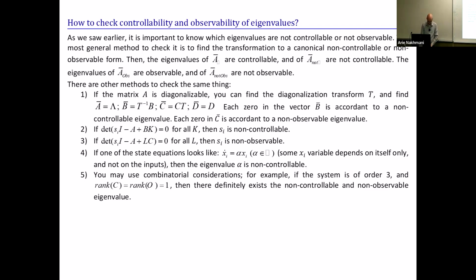Okay, so a few interesting questions now. What can you tell? Have you ever seen a transfer function which is 0? This is a very interesting transfer function.